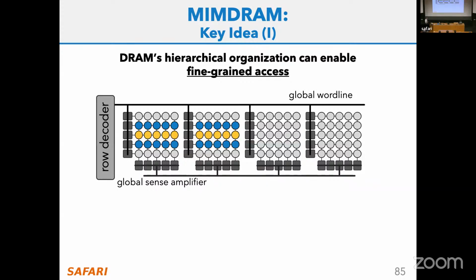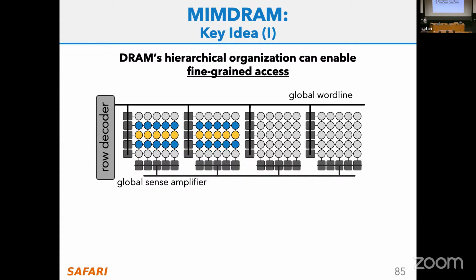So I'm going to give a little more background on DRAM and explain a concept called fine-grained DRAM access. I mentioned this DRAM structure many times, right? The DRAM subarray, but a DRAM subarray in practice is further divided into what is called a DRAM mat. Every one of those DRAM mats is usually around 512 by 512 columns and rows.